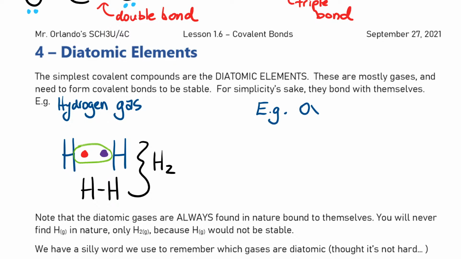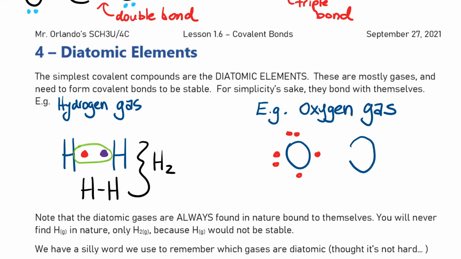Another example would be oxygen gas. And again, oxygen gas is something found all throughout nature. There's oxygen in the air right now, thank goodness, because we have to breathe it. But it can't just be oxygen atoms, because oxygen atoms have 1, 2, 3, 4, 5, 6 electrons in their valence shell. They're not stable.